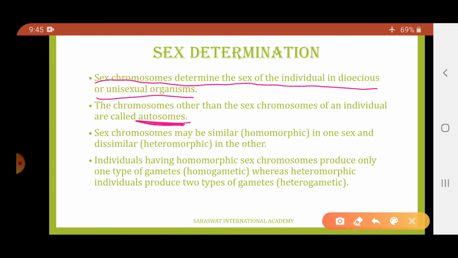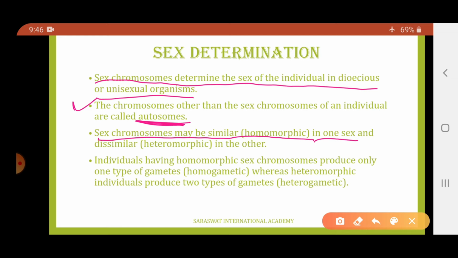What are autosomes? The chromosomes other than the sex chromosomes of an individual are called autosomes. Clear, students? Now, the sex chromosomes may be similar, that is homomorphic, in one sex. Basically, in one sex both the sex chromosomes may be similar. We know that chromosomes occur in pairs.